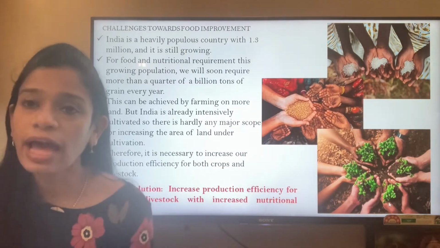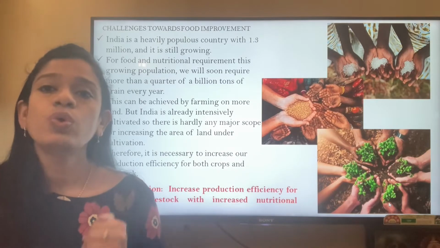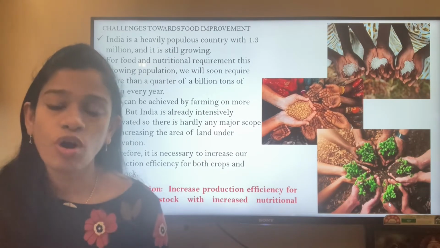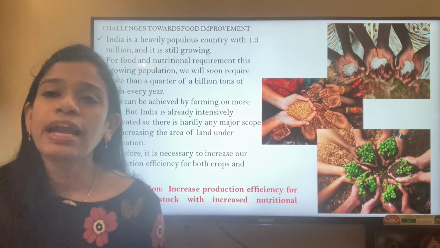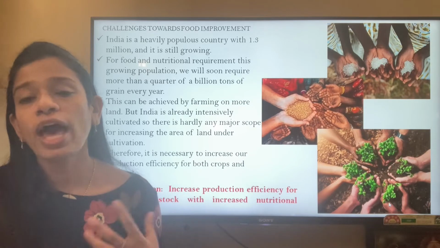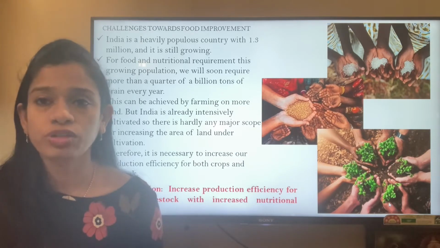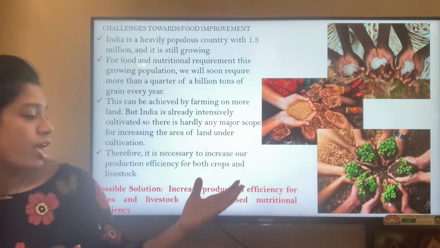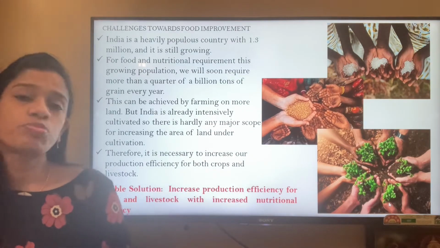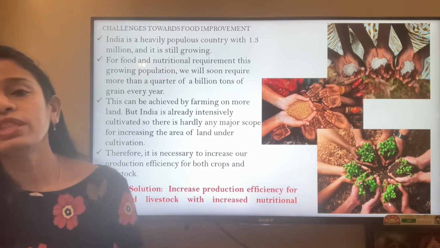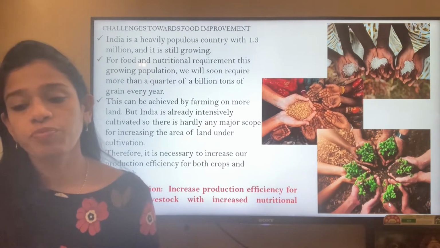If no more land is possible, we have to increase the production of the crop, because land and natural resources are limited. So we have to increase crop production in order to meet the increasing food demand. The solution can be increased production efficiency and livestock efficiency with increased nutritional quality.